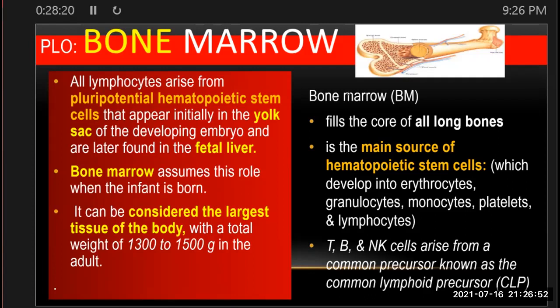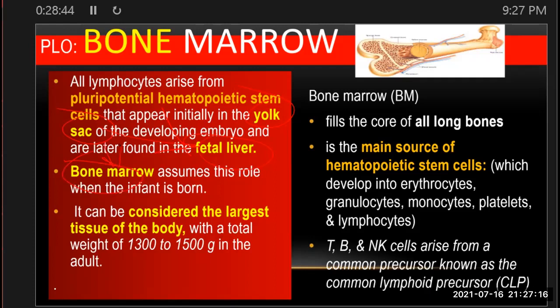And again, all lymphocytes arise from the pluripotential hematopoietic stem cells that appear initially in the yolk sac of the developing embryo and later are found in the fetal liver. Later, when the infant is born, the bone marrow assumes this role.